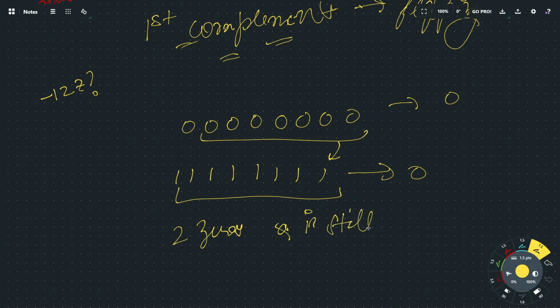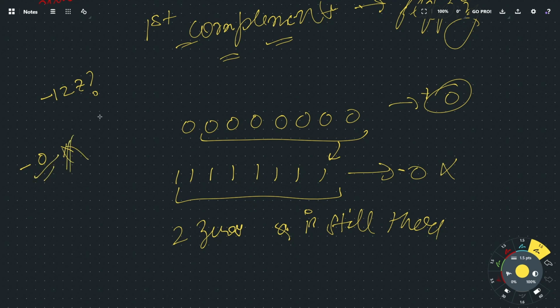Still there. We still have two zeros. So what I'm trying to say is, we just need a way in which we can eliminate minus zero completely. You can see that this way we have something called minus zero, but this doesn't exist, right? So if we are using this way, we are getting minus zero, but we don't want this minus zero.